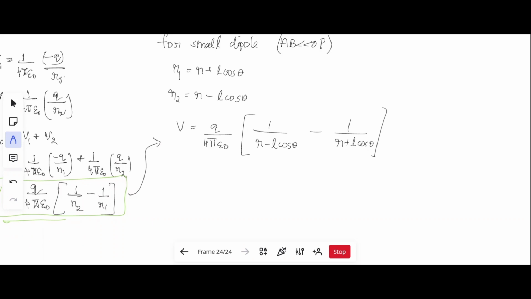Let's simplify this further. If we take this to numerator, this becomes epsilon naught, R plus L cos theta minus R minus L cos theta, divided by, this is A minus B into A plus B, which is R square minus L cos theta square.